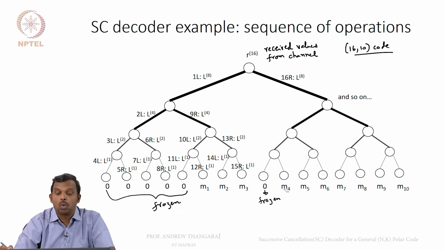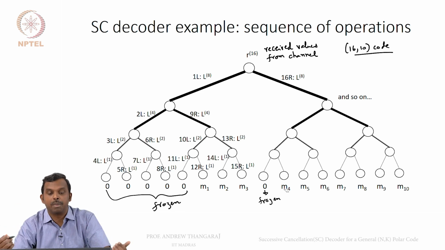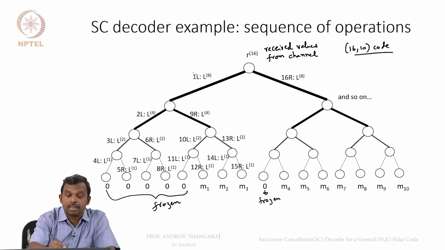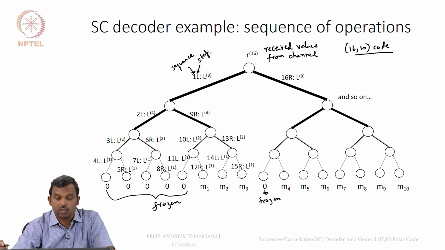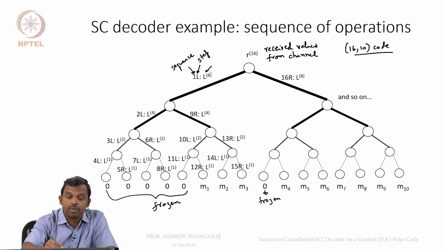So what happens first? The root receives its incoming beliefs, and this is the first operation. This number 1 indicates the sequence of the operation, and this L indicates the step. The step could be L or R or U also, and this is the belief.